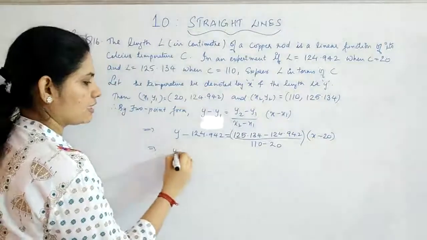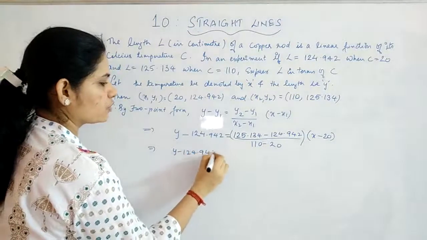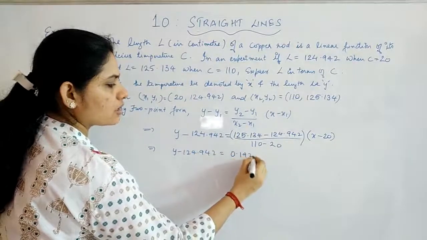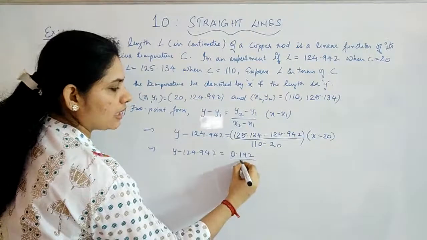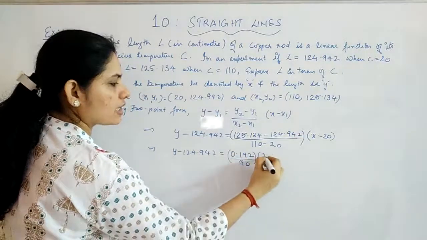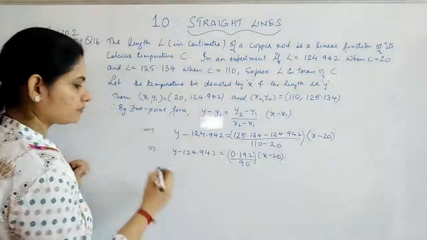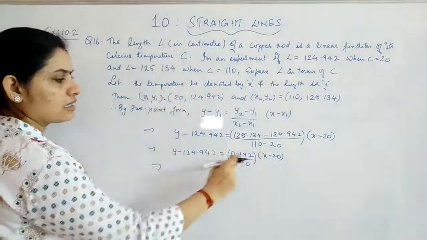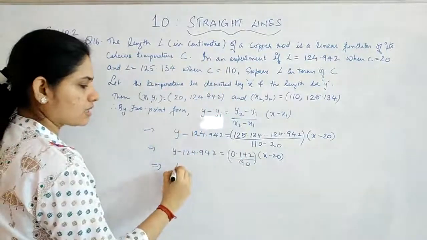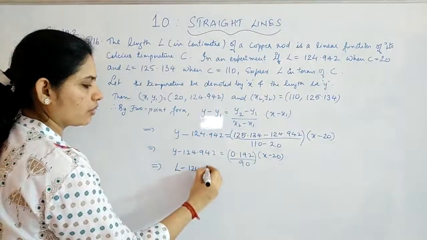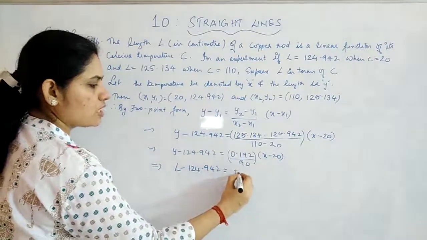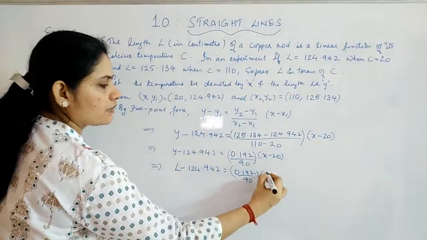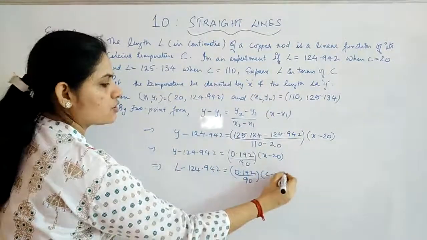So that you will get y minus 124.942 is equal to, subtracting these two will give you 0.192 divided by, here you will have 90 into x minus 20. So now we are just replacing y with L and x with C, so that it becomes L minus 124.942 is equal to 0.192 by 90 into, what you have taken, C minus 20.